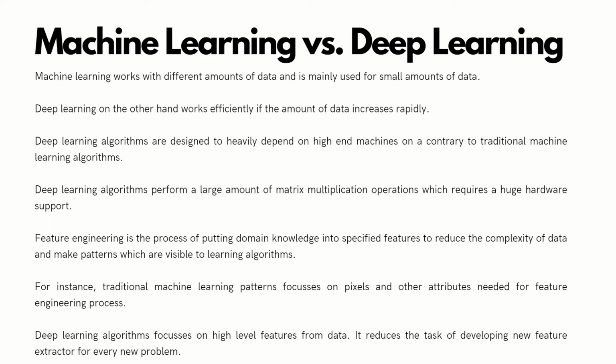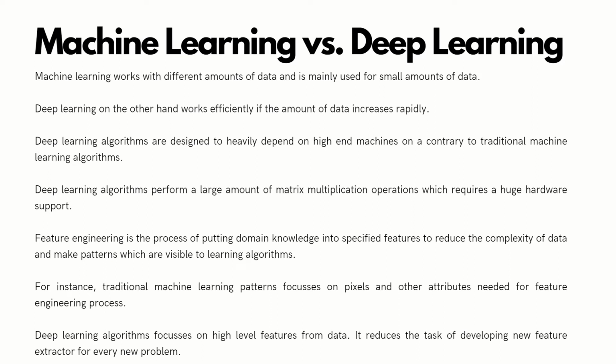So, one of the prime applications when we talk about deep learning is the process involved in the background of converting domain or textual knowledge into specified features, and these features can then be changed into patterns or help in making patterns which are visible to the learning algorithms.